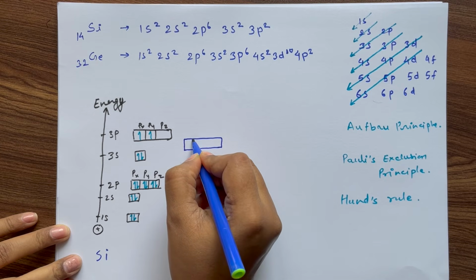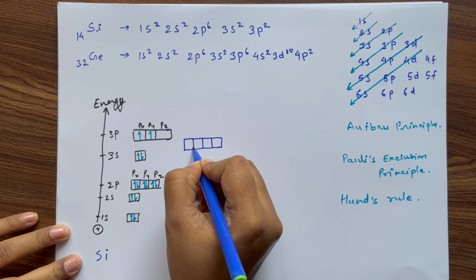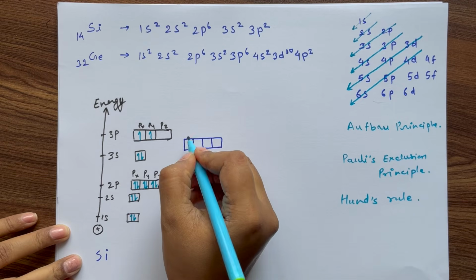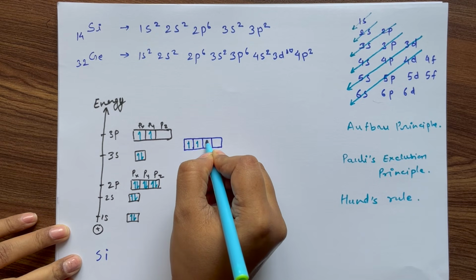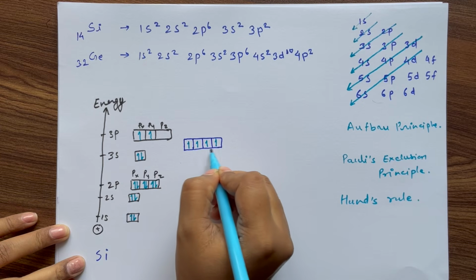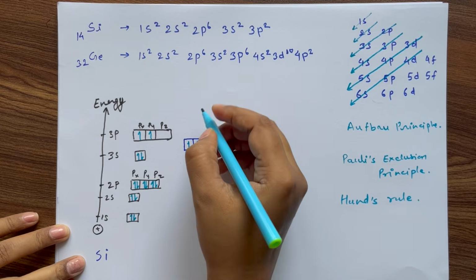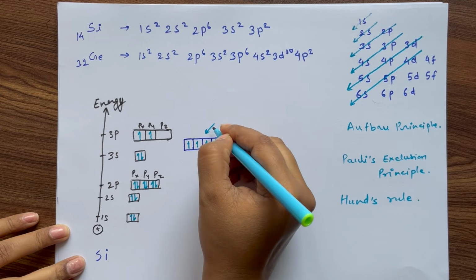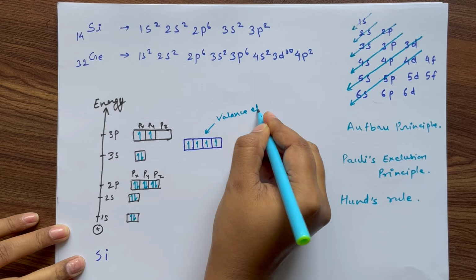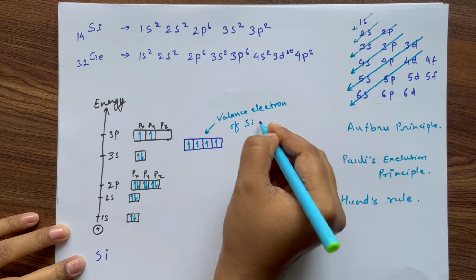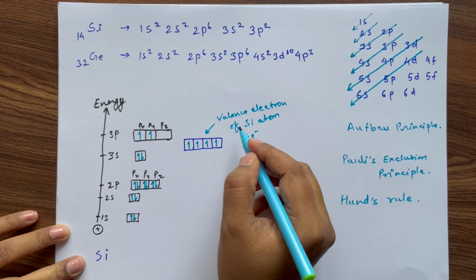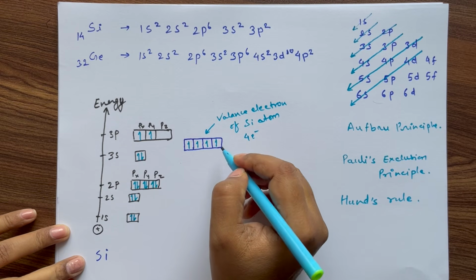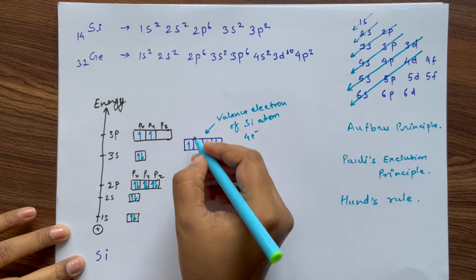It will have 4 sp3 orbitals, and each orbital has 1 electron. So these 4 electrons will act as valence electrons of the silicon. And these valence electrons will participate in bonding with the other silicon atoms.